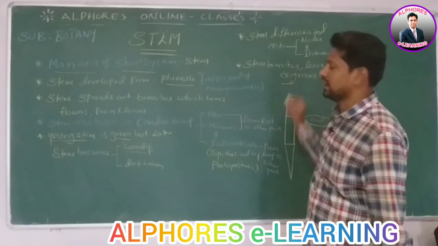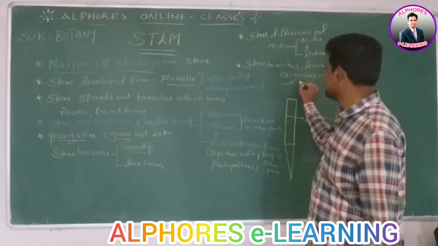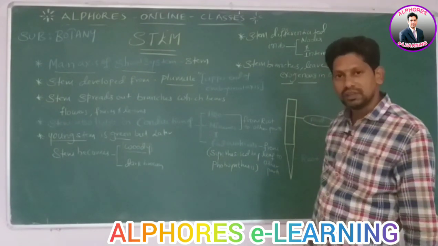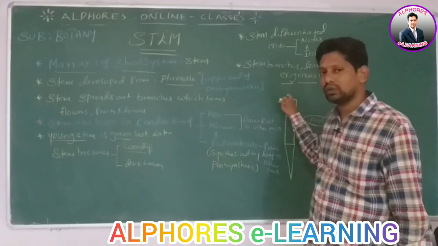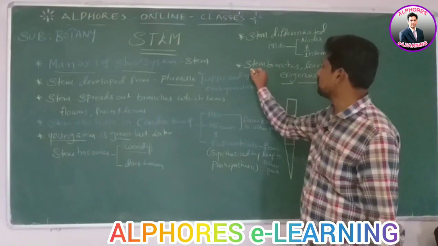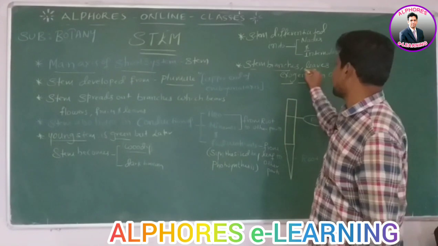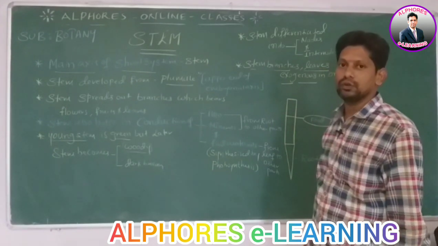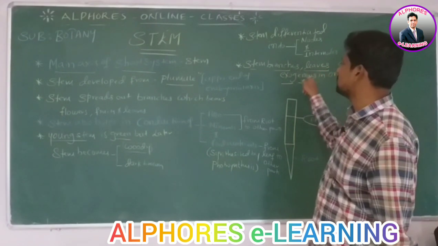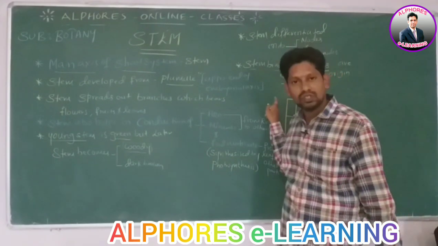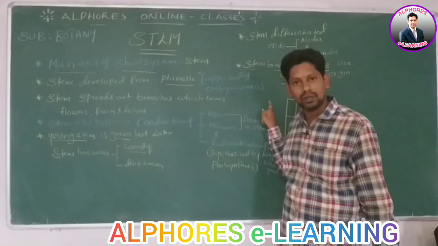What is the meaning of exo? Outside. What is the meaning of genus? Origin. It means they are produced from outer tissues. Stem branches and leaves are produced from outer tissues, so we call them exogenous in origin. Is this statement okay?